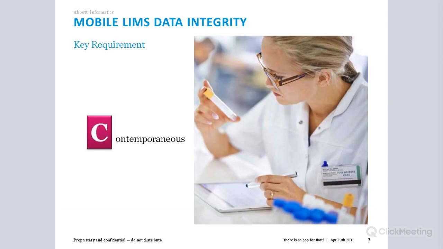Now let's look at how a LIMS solution that includes mobile applications can help your business maintain data integrity. Mobility can assist with contemporaneous results capture, which is fundamental to your business compliance.